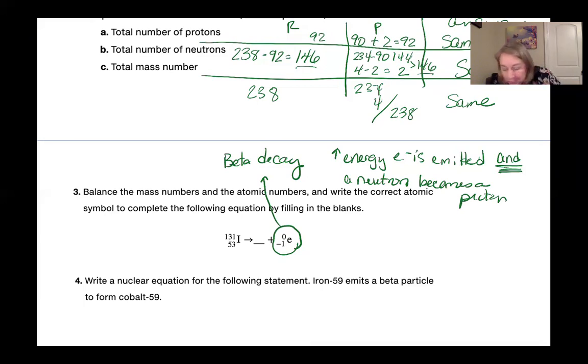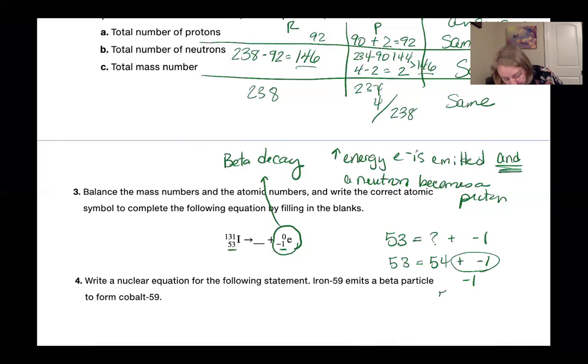So we have to fill this in with an element, right, that has a different number of protons. So 53, right, is equal to some number plus a -1. So 53 must equal 54 plus a -1, right? Plus a -1 is just like saying -1.